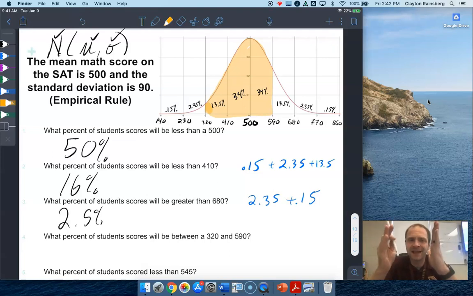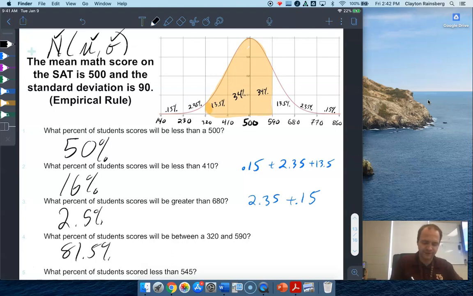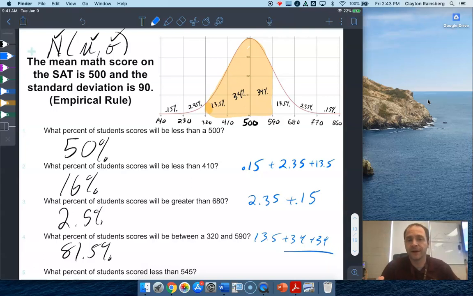So that's 68 and then the 13.5 on it. And that's going to give you your answer. So you can do all of them together, or you can do the 68 plus 13.5, and you're going to get 81.5%. I could do the 13.5 plus 34 plus 34, or just do the plus 68. So there we are. This is kind of just practice of the empirical rule.